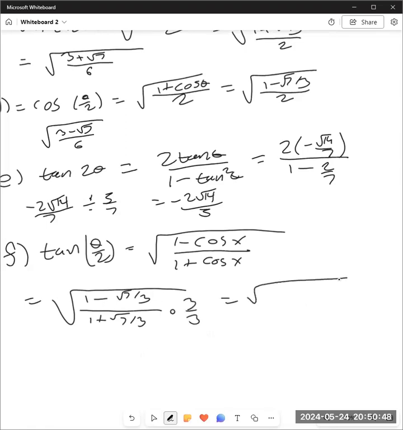That gives me root 3 minus root 7 over root 3 plus root 7. And they just want this all in a big root. That's all they wanted you to do, because you can evaluate that in your calculator, so they didn't want you to go any further than that.